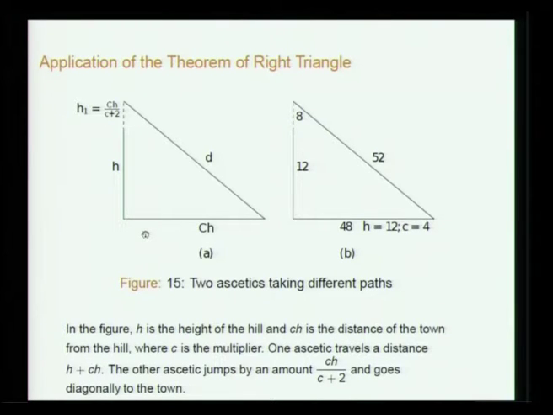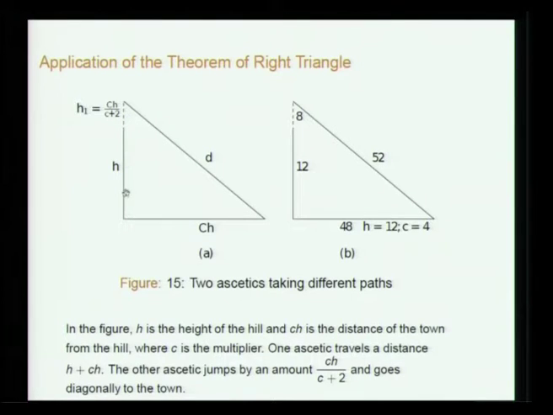So, here this is a hill H, so this is the base and this is the summit of the hill, there is a town here. Okay. So, 2 ascetics are here. One of the ascetics is not so interesting.